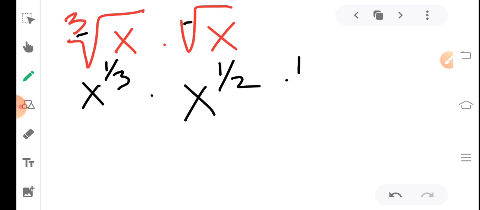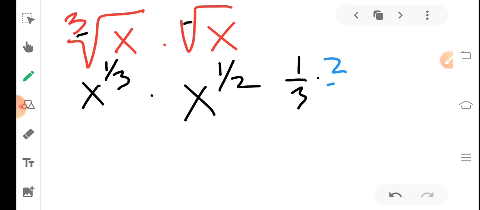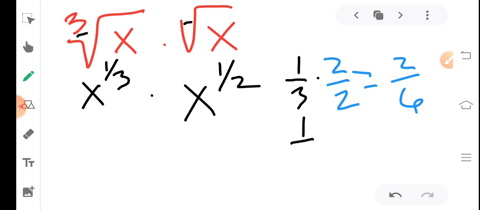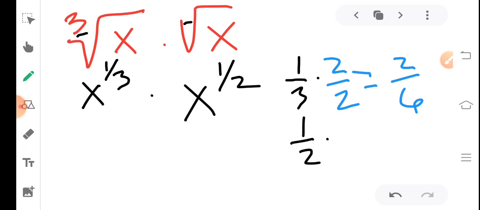We have 1 over 3 times 2 over 2, so that's equal to 2 over 6. How about the other one? We have 1 half, multiply it with 3 over 3, so the result is 3 over 6.